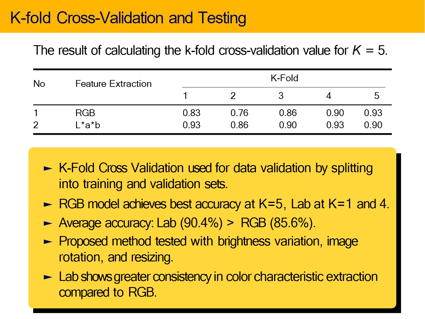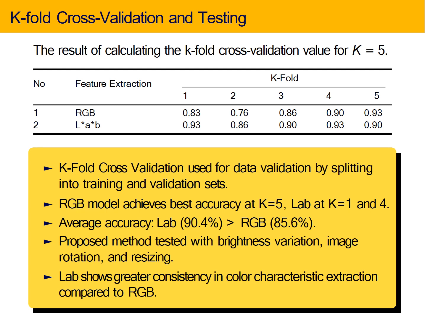This is the result of calculating the k-fold cross-validation value for K is 5. K-fold cross-validation is used for validating data by splitting it into training and validation sets. So the feature extraction that we used is color extraction, RGB and LAB.